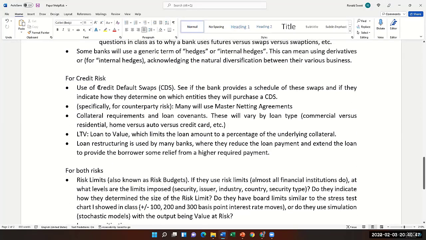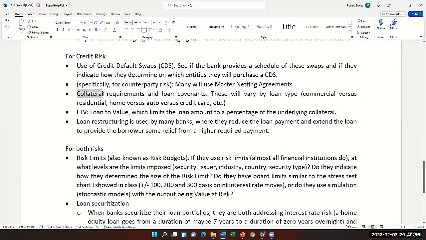On credit risk, you're not doing that, but credit default swaps is a big one. We talk about master netting arrangements. Collateral is obviously extremely important for credit risk. Loan to value could be a measurement or a mitigation.